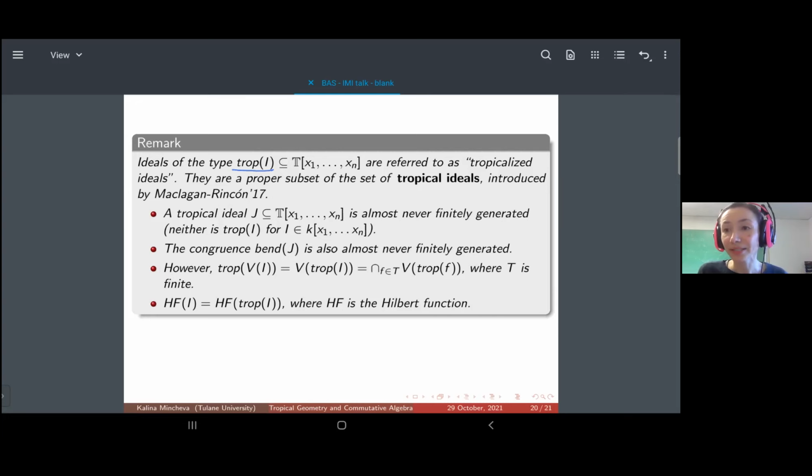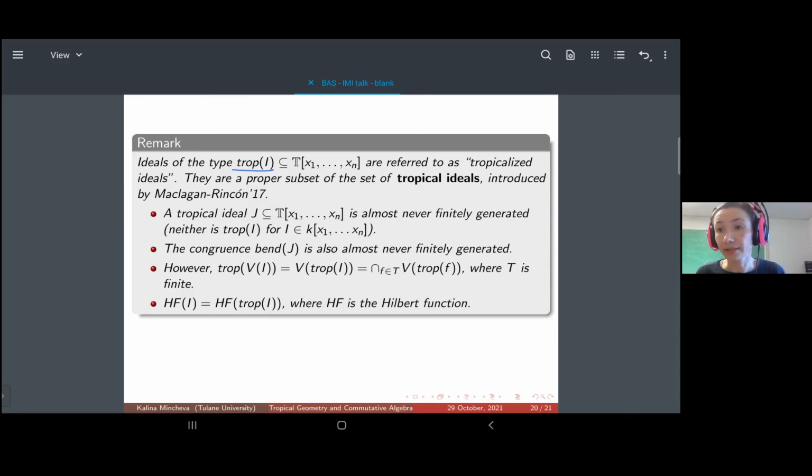So tropical ideals have this shadow of subtraction that the tropicalized ideals do, but tropical ideals abstract it a little further, and it's a strictly bigger set. And not all of them come in this form as a tropicalization of something.